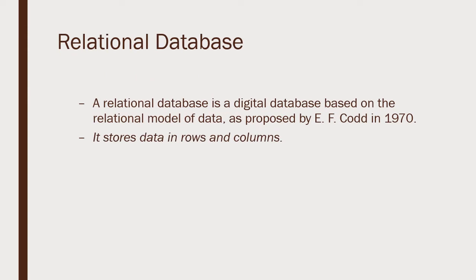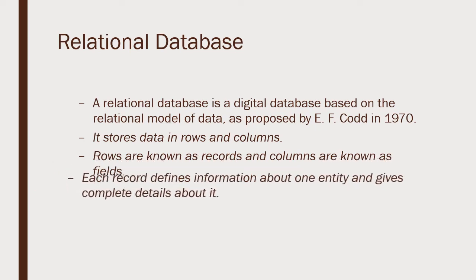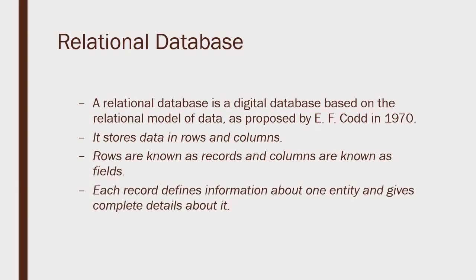It stores data in rows and columns, means it uses a tabular format. And as we know, a table has rows and columns. Rows are known as records, whereas columns are known as fields. Each record defines information about the entity and gives complete details about it.